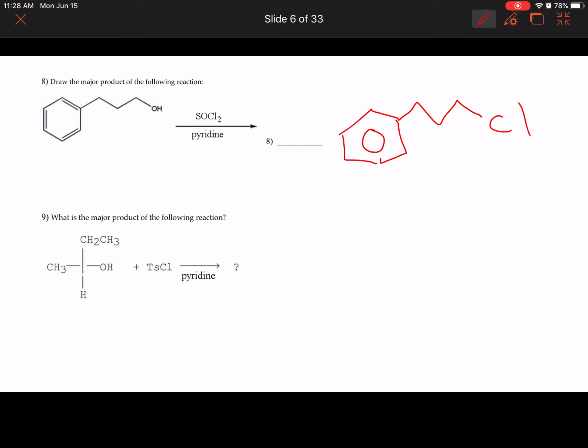So the chlorine will replace the OH, but before that the tosyl group will attach to the molecule. Okay, so it would be, you have a methyl group, I have an ethyl group there, this is hydrogen. Okay, and then the oxygen.